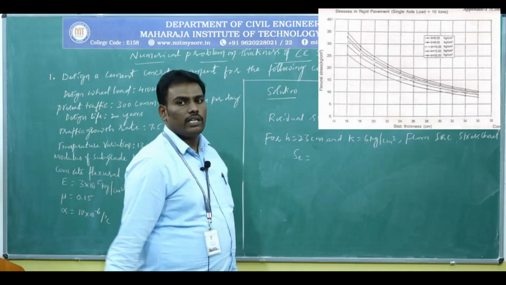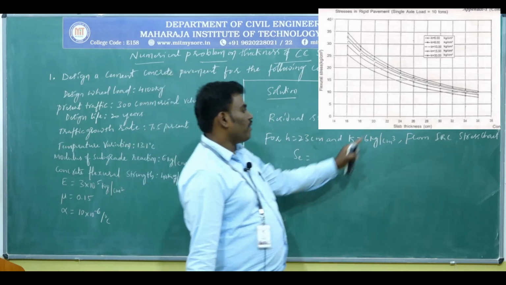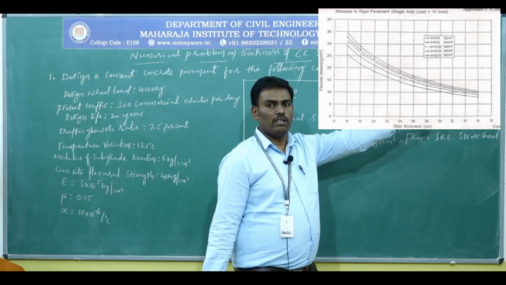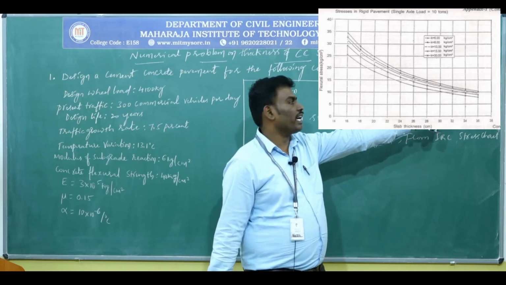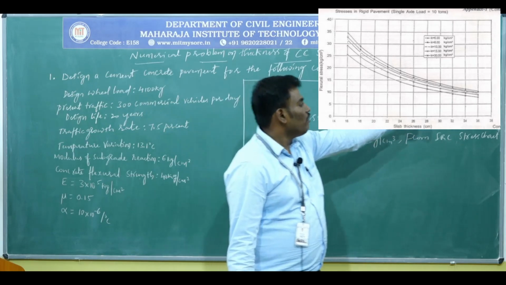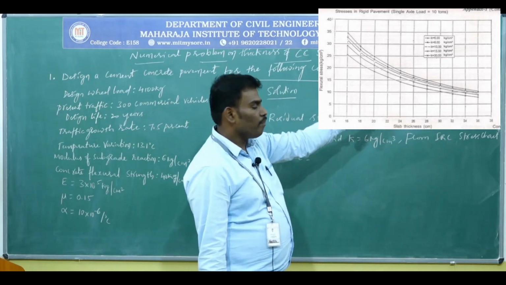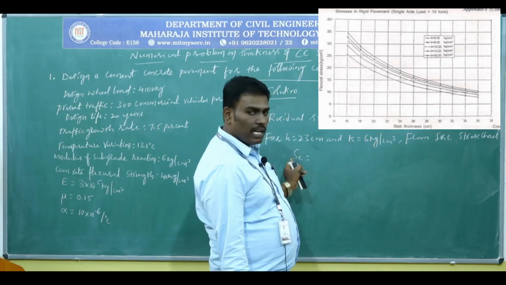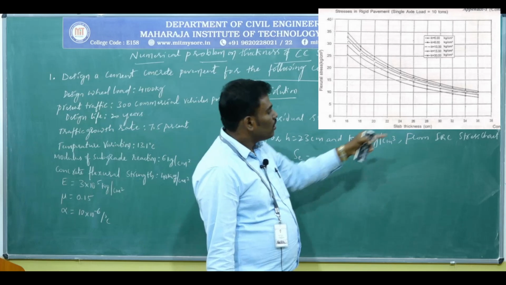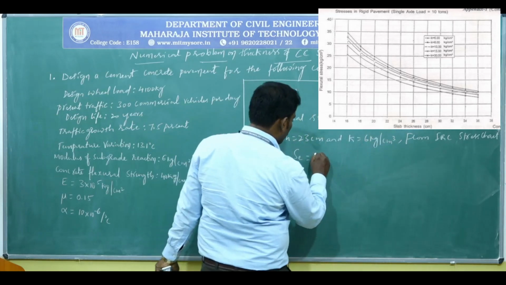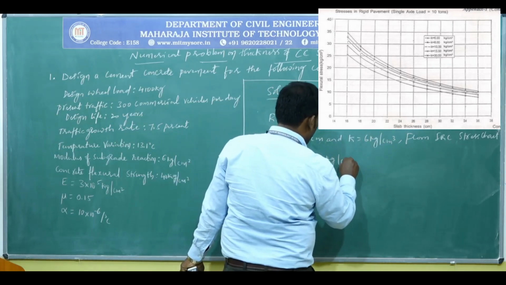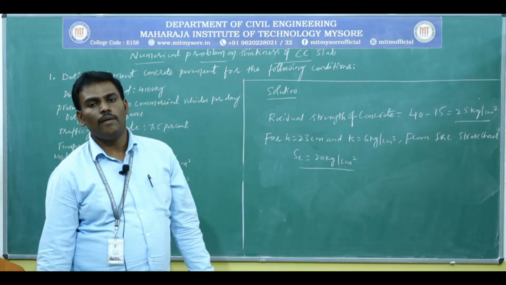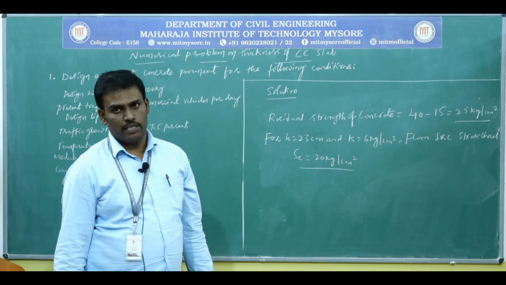For 23 it is between 22 and 24, that is the mid of 22 and 24, so we get the slab thickness of 23 centimeter. At about the 6 kg per centimeter cube curve, what is the wheel load stress you got? It's about 20 kg per centimeter square. 20 kg per centimeter square is the wheel load stress.